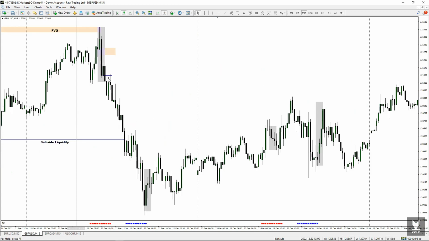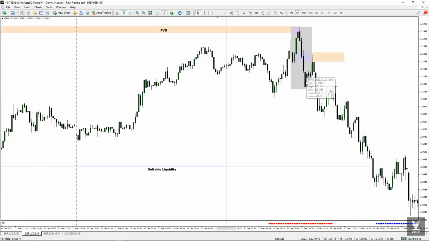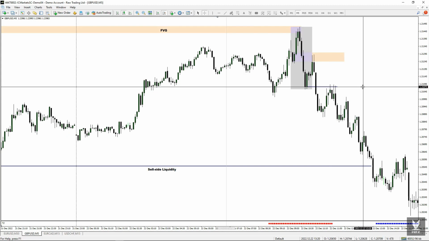On the 15-minute time frame, that would have been a bearish order block. But on the 5-minute time frame, that would have been a mitigation block, still within the defining range. Price would have traded lower, 52 pips. The stop would have been above right here, 11 pips. And all of this would have happened within the London kill zone approaching the New York kill zone. That's going to be it for this example.